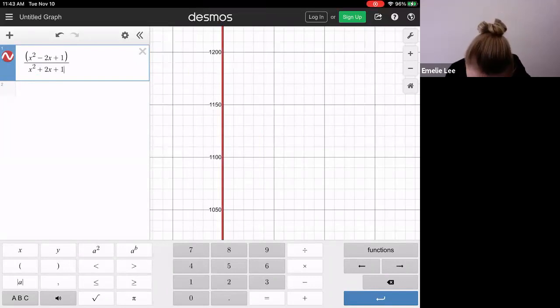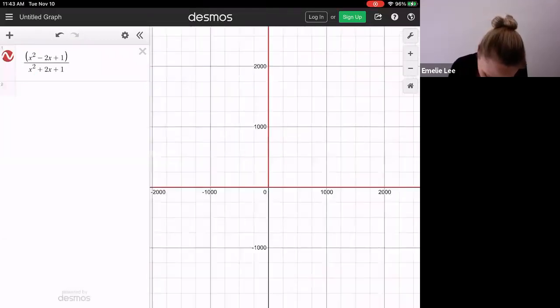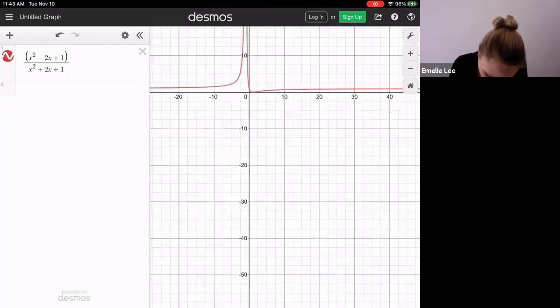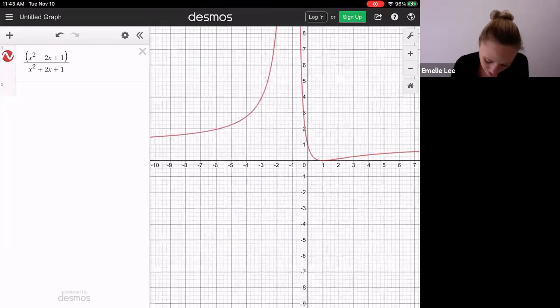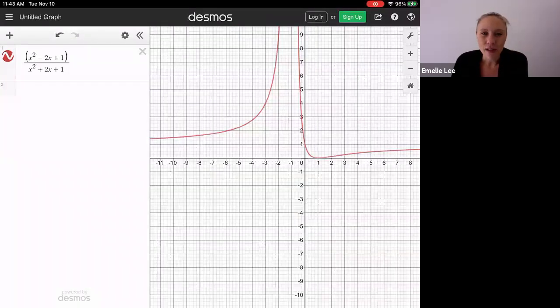I'm all zoomed out, but if I zoom back in, I have that type of behavior that I was suspecting.